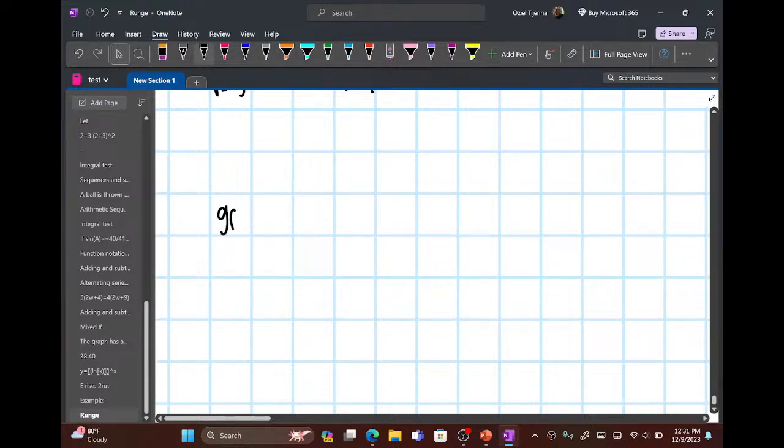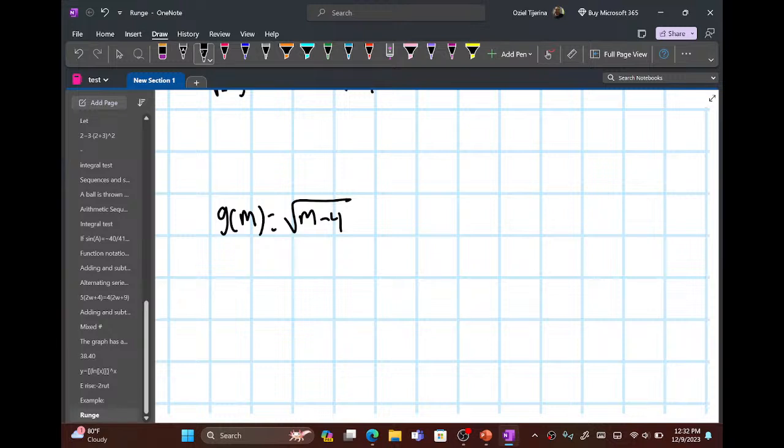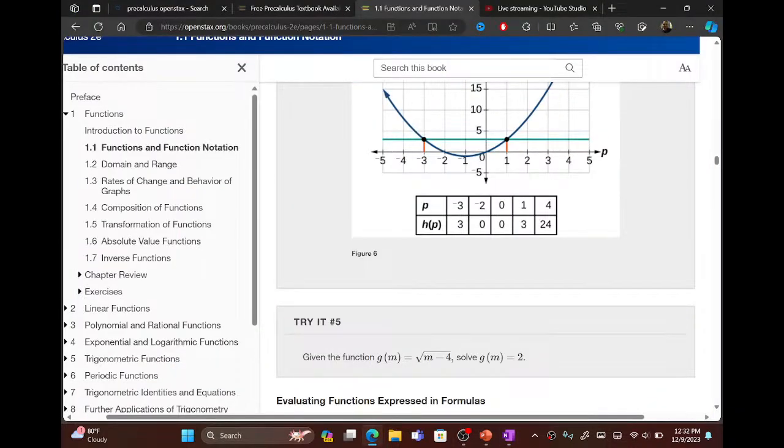So g of m is equal to the square root of m minus 4, and we want to solve it when g of m is equal to 2.